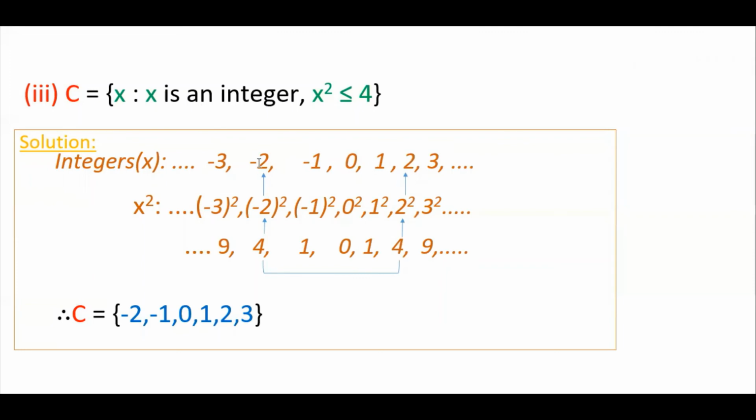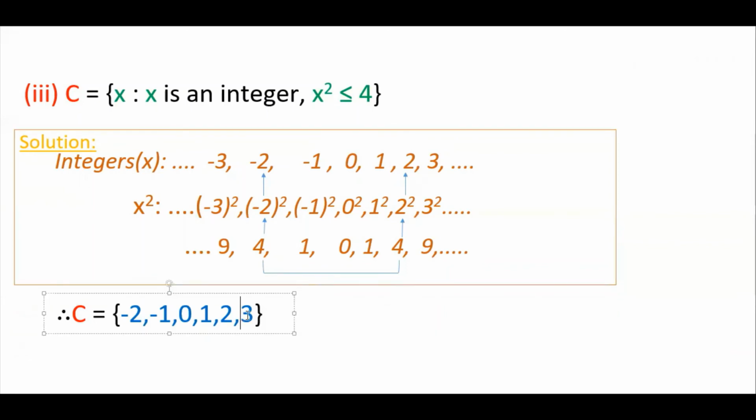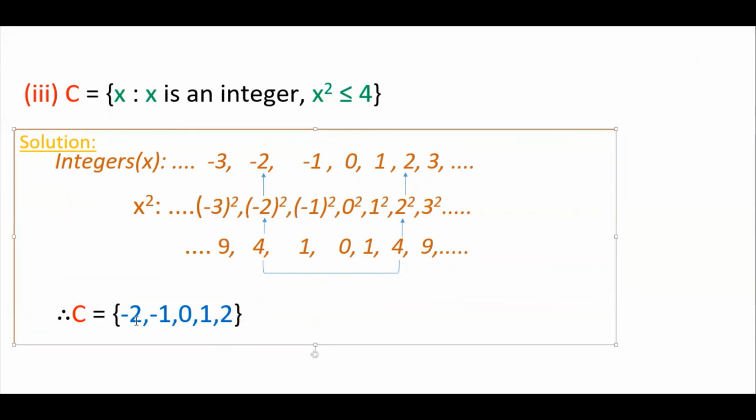So you have to write −2, −1, 0, 1, 2. Actually, sorry, 3 is not there. So here the answer is −2, −1, 0, 1, 2.